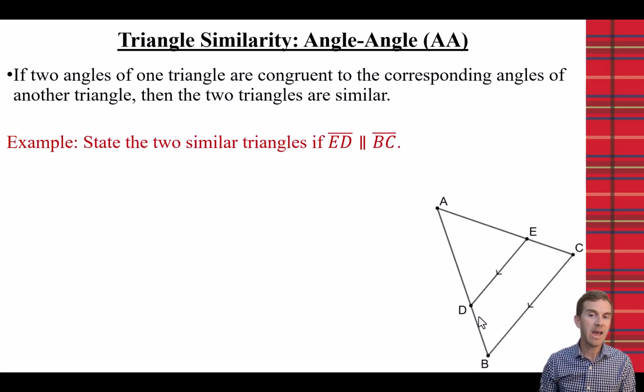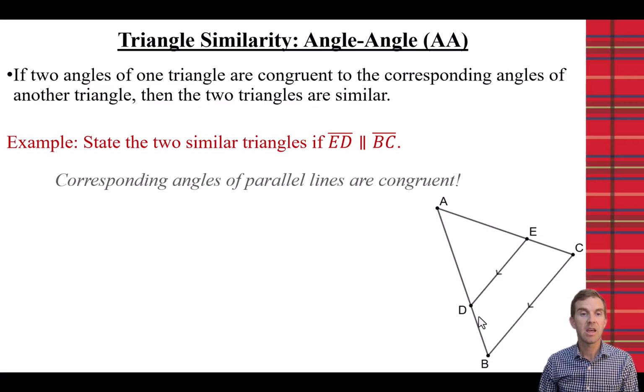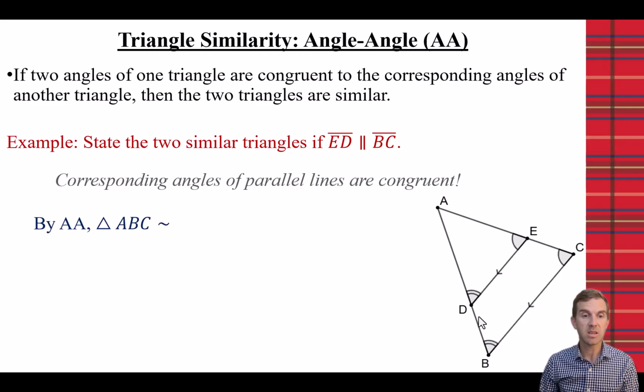So here I have in this image two triangles, one separated by the parallel lines, because we're told that ED is parallel to CB, or BC. And we know that the corresponding angles of parallel lines are congruent. So in this case, what that means is that angle ADE is congruent to angle ABC, and then AED is congruent to ACB.